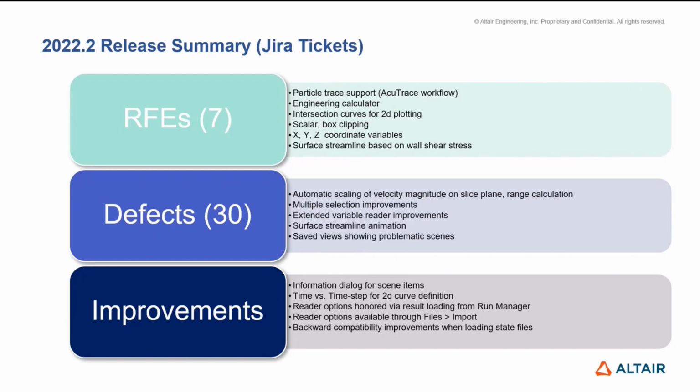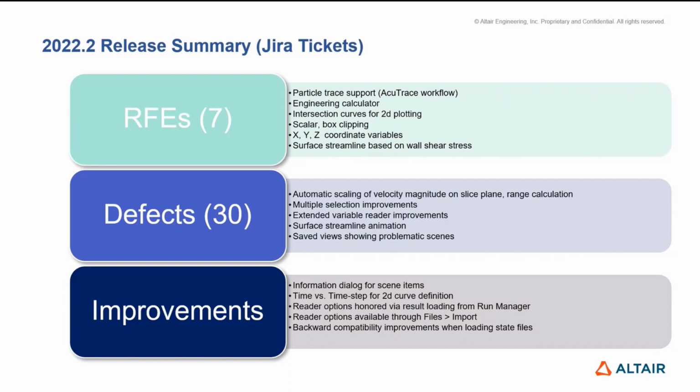We've added multiple selection capabilities. For the most part, users can now use the post browser to edit and manipulate multiple entries within it in the same way that they could modify a single entry before. As far as the reader options, we have added the ability to turn on and off extended variables coming from AccuSolve.